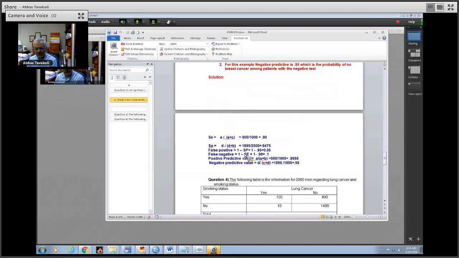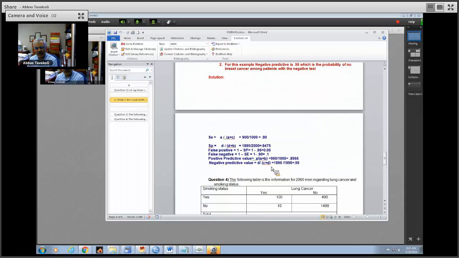Specificity is 1895 over 2,000, which is D over B plus D, which is 0.9475 or 95. False positive is 1 minus specificity, which is 0.05. False negative is 1 minus sensitivity, which is 0.1.